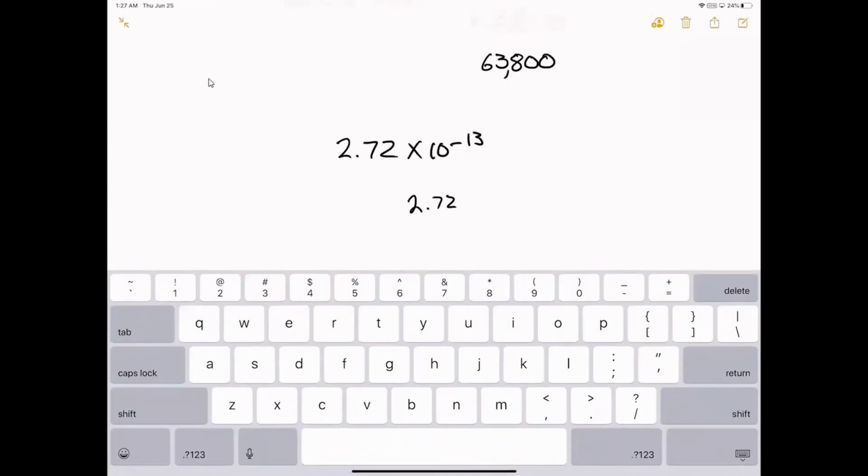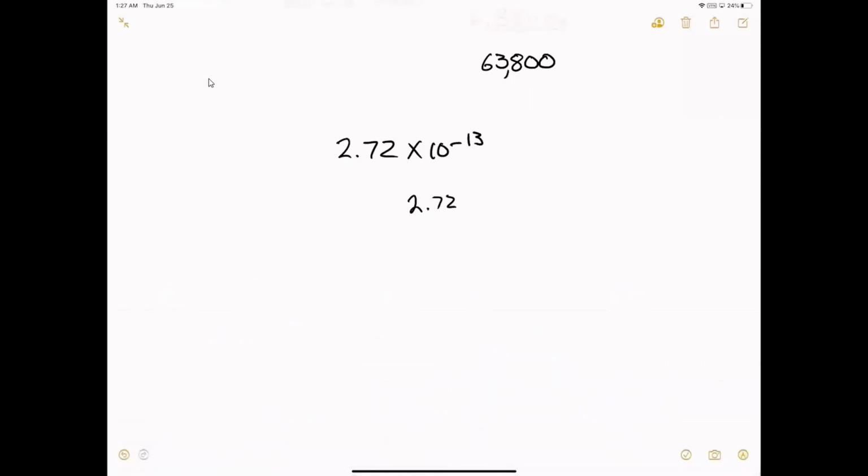So I'm going to want to move it to the left. So let's take a look. I'm going to move 1, 2, 3, 4, 5, 6, 7, 8, 9, 10, 11, 12, 13. So I'm going to have 0.0000000000272. It would be an extremely small number because I've moved it over 13 to the left.